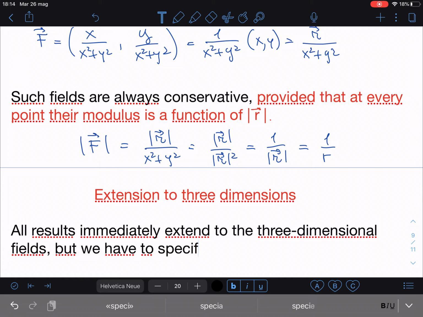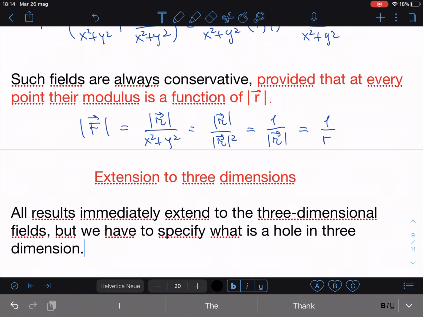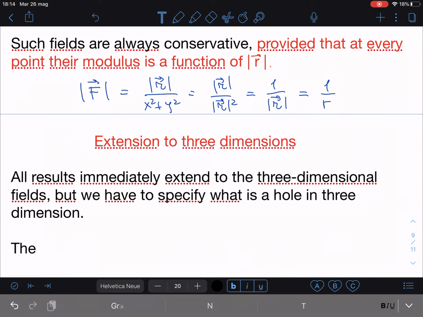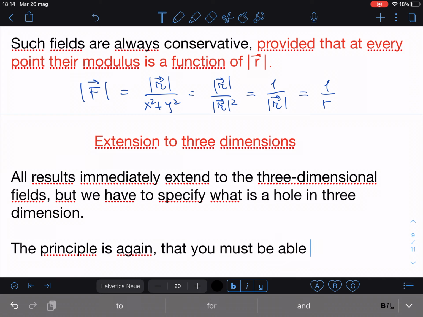To specify what is a hole in 3 dimensions. So the point is always the same. The principle is, again, that you must be able to do what?